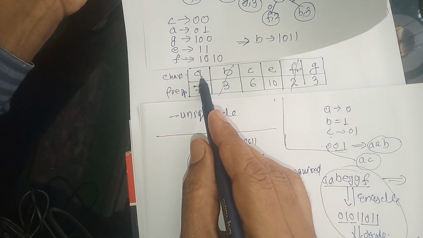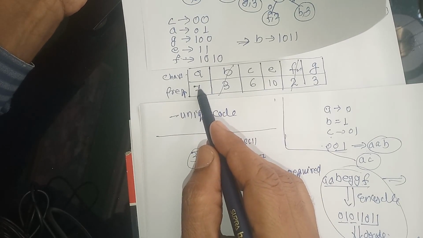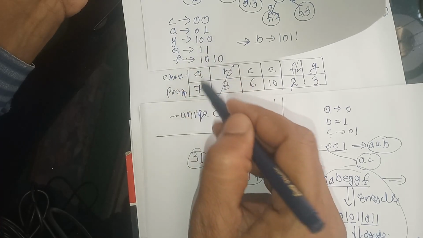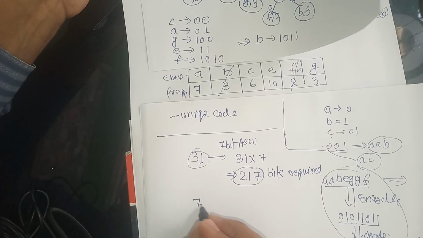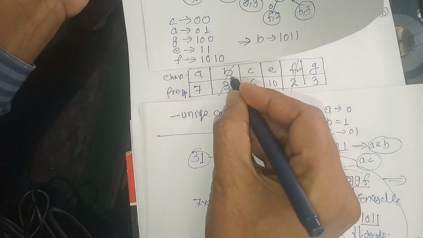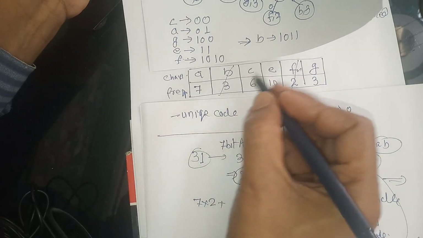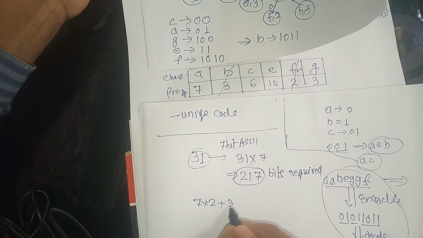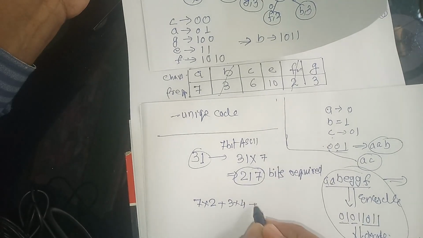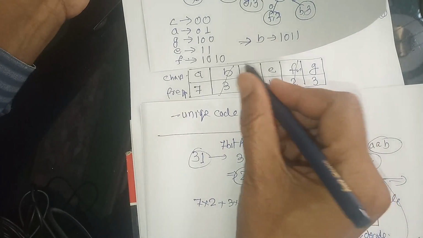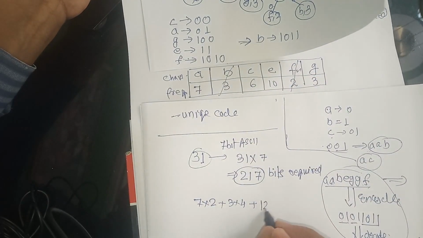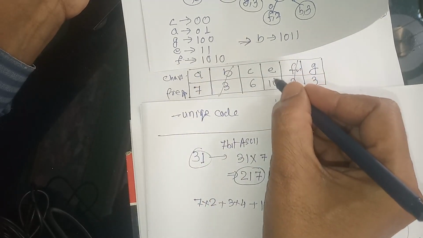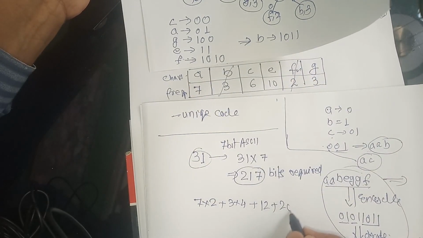For 7 A's, how many bits will be required? For each A we require 2 bits, so for 7 A's we require 7 into 2 bits. For 3 B's, since 1 B requires 4 bits, 3 B's require 3 into 4. Similarly for C, 1 C takes 2 bits, so 6 C's take 12 bits. For E, 1 E requires 2 bits, so 10 E's require 20 bits.